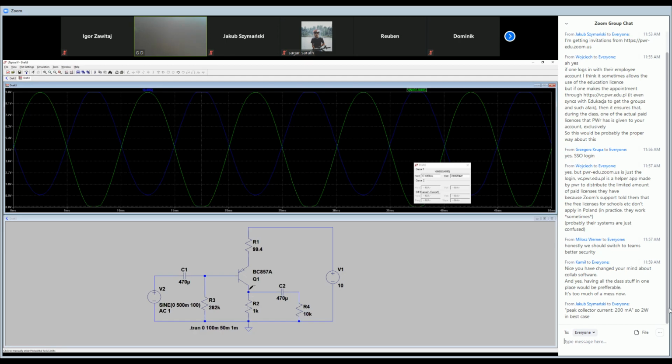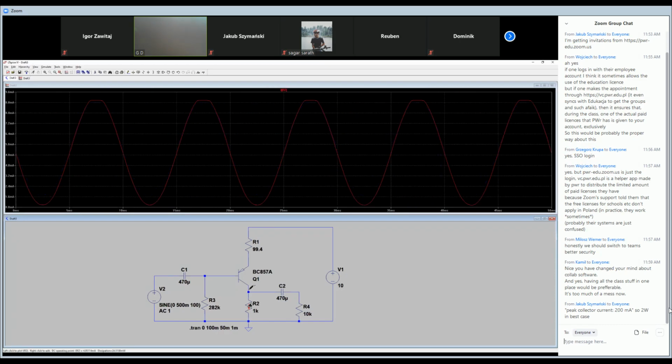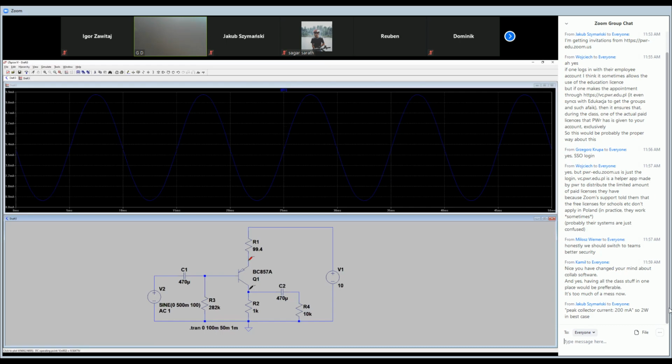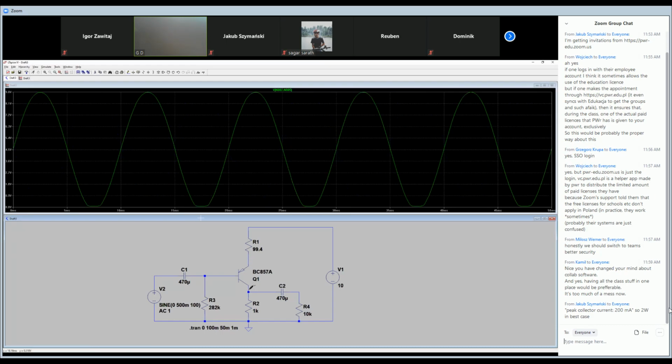Okay, we can check it. What about the current? Input current is okay. This is okay. It was here. The saturation of the voltage between the emitter and the collector.